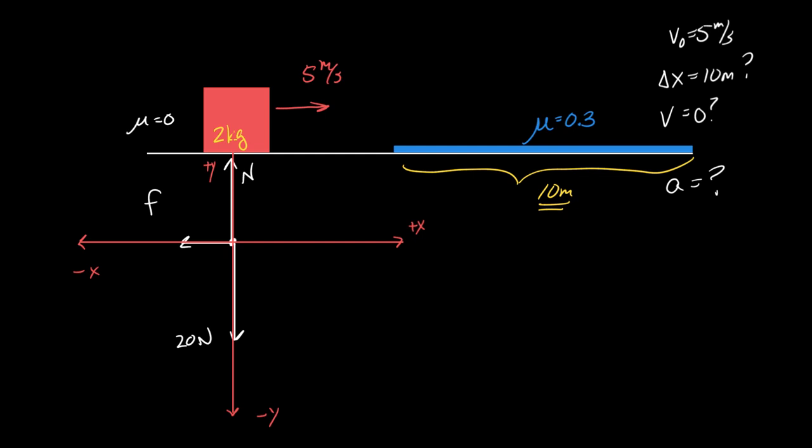We all good? Net force in the x direction, net force in the y direction. Which one is 0 and which one's ma? All right. There's only one force in the x direction, friction, it equals ma. 2 forces in the y direction, though, normal equals 20.